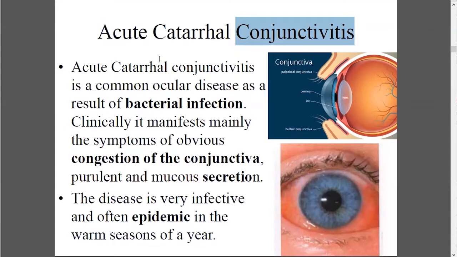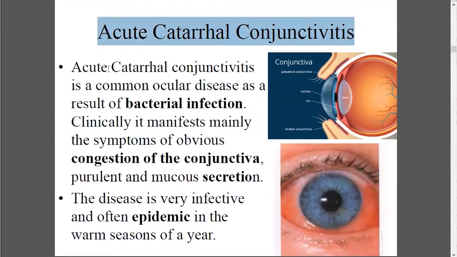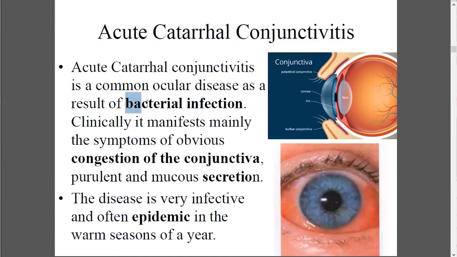The bacterial infection always happens acutely and always has a lot of discharge. That's why we name it acute conjunctivitis, meaning we are especially talking about the bacterial kind of infection.